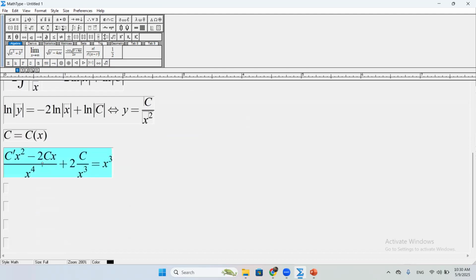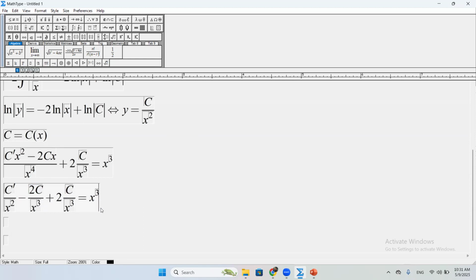So we will find c from this equation. Now expanding this fraction, what will we receive? c prime x square minus 2cx over x in power of 4, plus 2c over x cube.